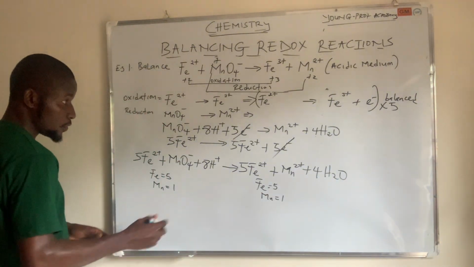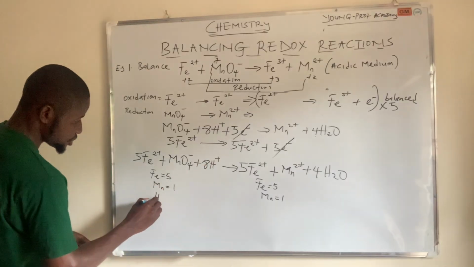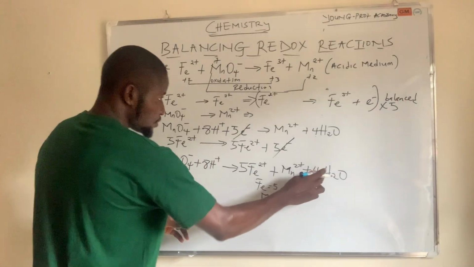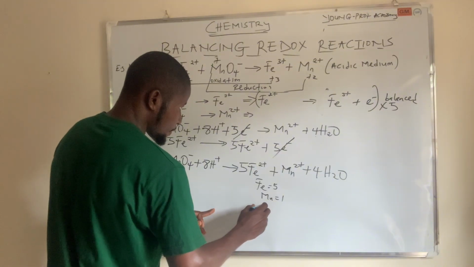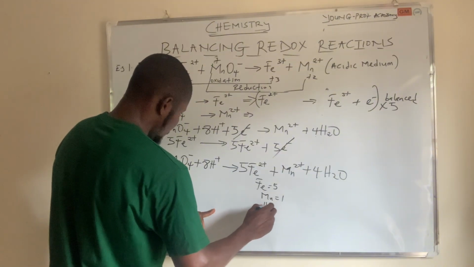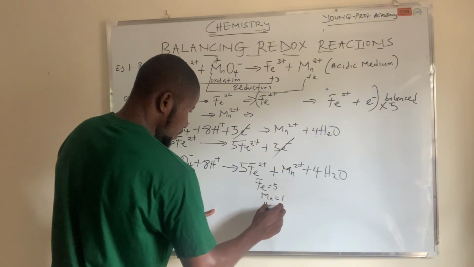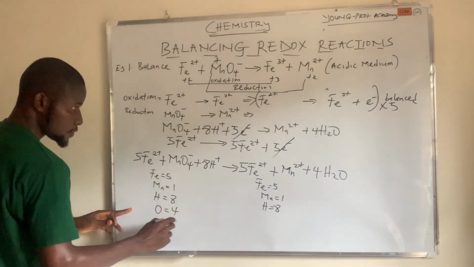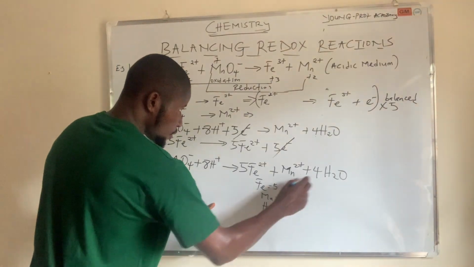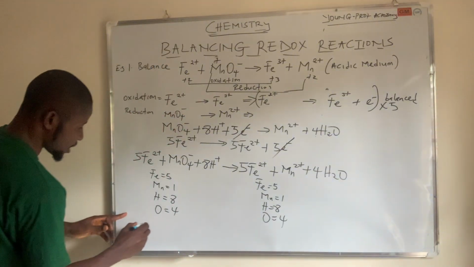Let's see hydrogen. Hydrogen here we say 8, and hydrogen here 8. Then what about oxygen? Oxygen here we have 4, and oxygen here we also have 4. Then what about the charge?